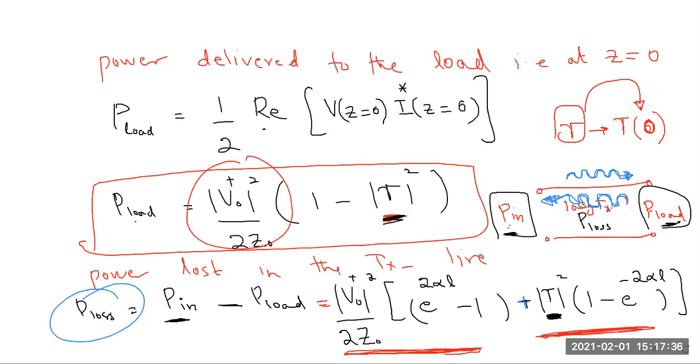Whether power is traveling forward or backward, because it is traveling on a lossy line, it will undergo losses. So these are forward losses and you can call them backward losses. So total loss will always be forward loss plus backward loss.